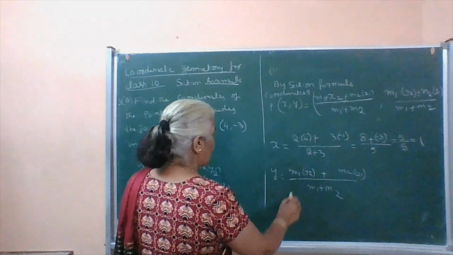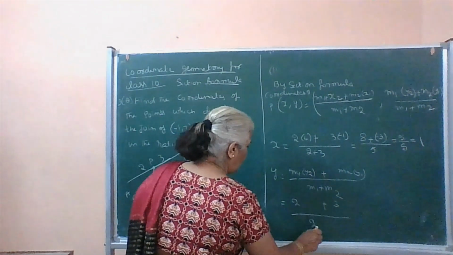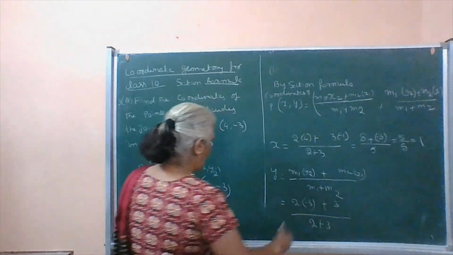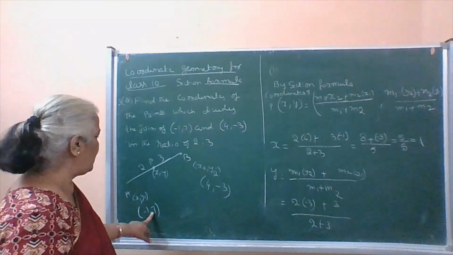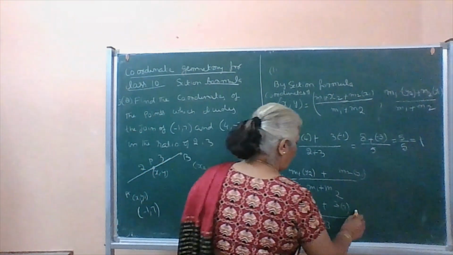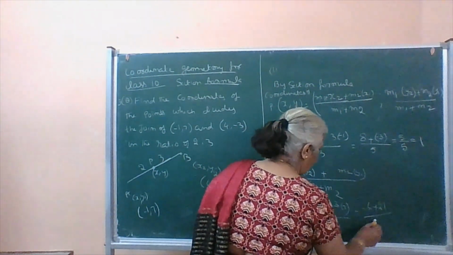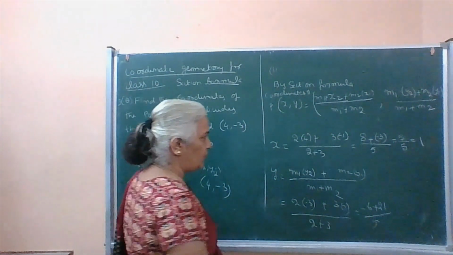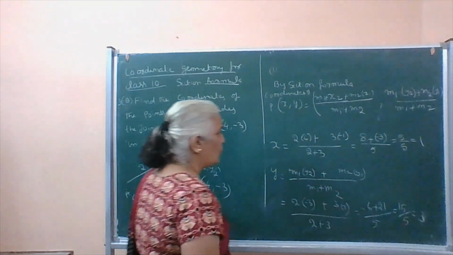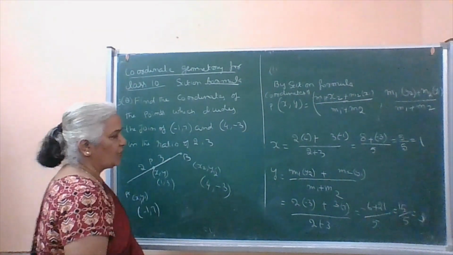That is m1 is 2 and here m2 is 3, and here 2 plus 3, y2 is -3, and here y1 is 7. 2 3s are -6 and 3 7s are 21, by 5. That is 21 minus 6 is 15. 15 by 5 is equal to 3. Now the coordinate of the point y is 3. That is (1, 3).